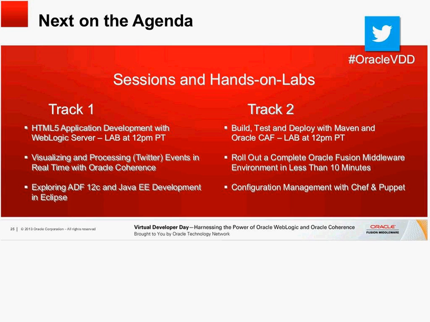On the track 2 side, we have some great work around Maven and the build, test, deploy cycle with Oracle Cloud Application Foundation. We have a very exciting session, which is roll out a complete middleware development environment in less than 10 minutes. You might go, how do I do that? Well, find out and check it out in track 2. And then we have some pretty interesting work around configuration management with Chef and Puppet.